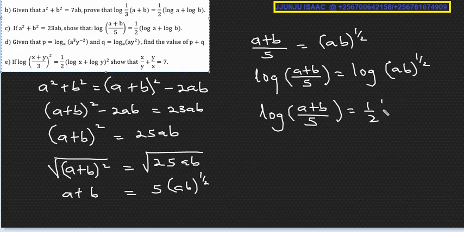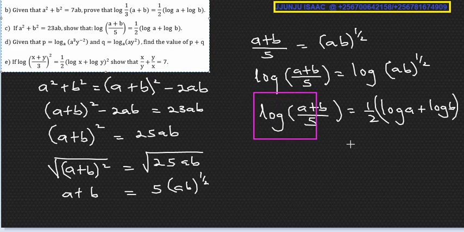Now we shall get log, this is a product, so we shall be adding, this half multiply this bracket, log a plus log b. Okay, so that is it. Very easy, there's nothing hidden here. So the same approach we used in B is the same, which has helped us to do C, and that is the answer. The proof is shown.